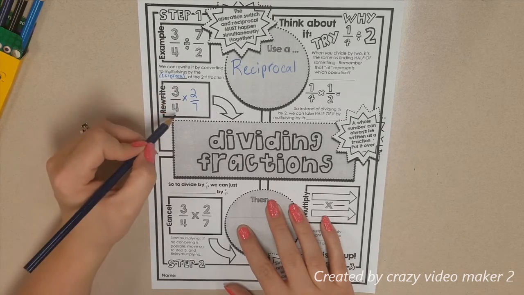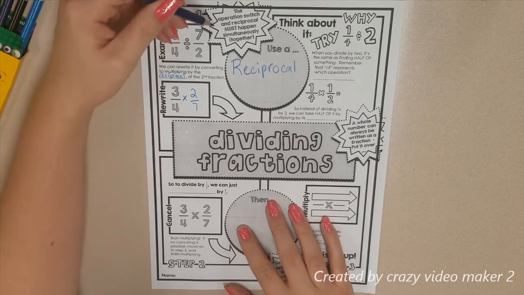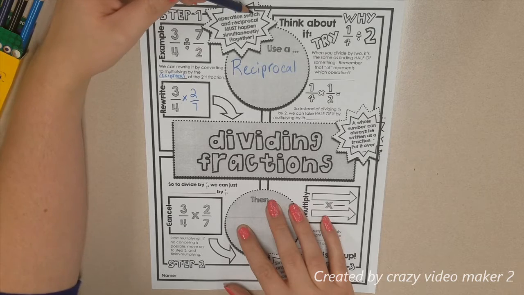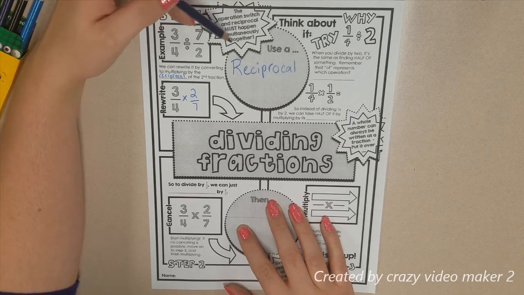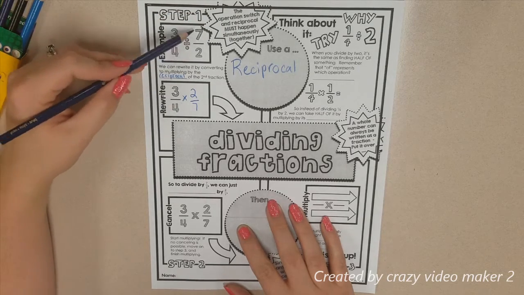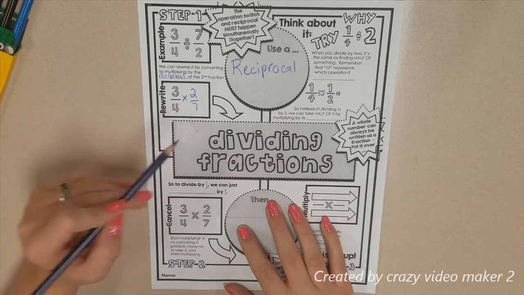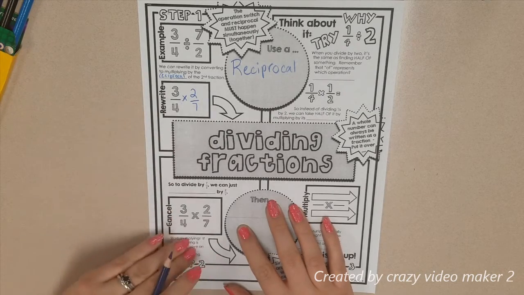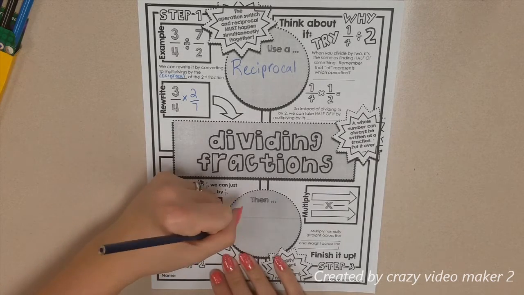All right, so after you flip and change to multiplying, look at what it says. The operation switch and reciprocal must happen simultaneously, which means together. So you change division to multiplication and you flip it together at the same time. So after you do your flip, you go down here to the bottom part, and we're going to multiply.